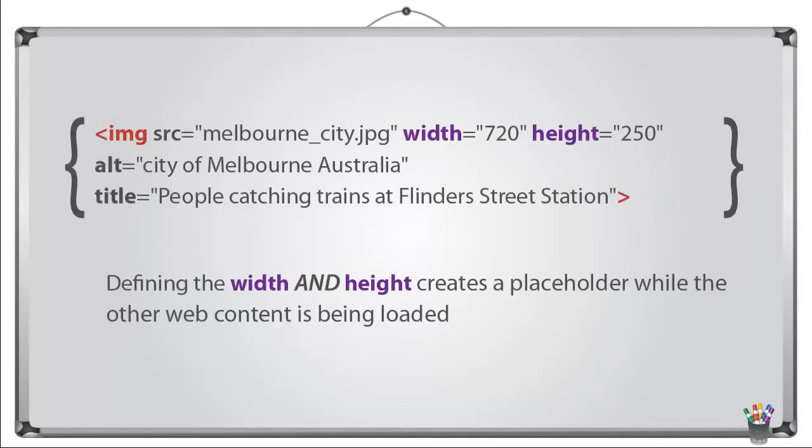Now if we look at the slide, and when we start thinking about Google rankings or a better user experience, we can also place the width and height attributes in the image element itself. Why is that important? It is very important because when an internet browser loads, if we define the height and width, it'll create a placeholder, so to speak, while all your other web content is being loaded.